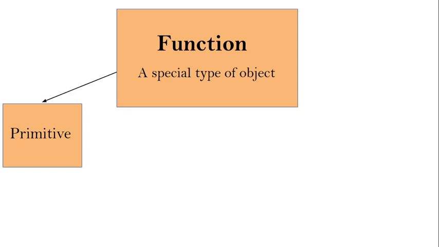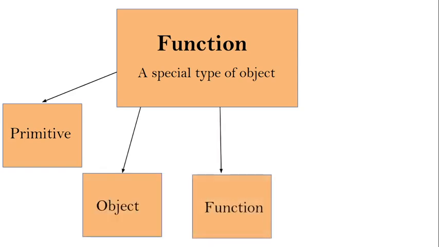Why? Because it's just an object. So I could attach a primitive, a name value here. I could attach an object. I could even attach other functions, which actually does happen and could be useful in JavaScript.